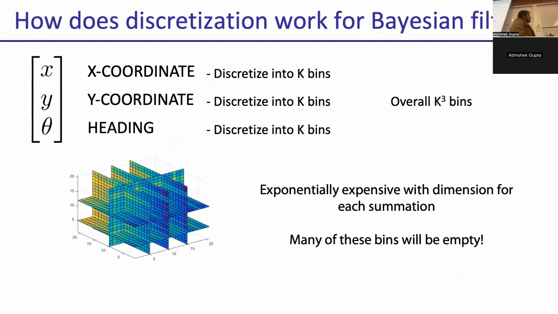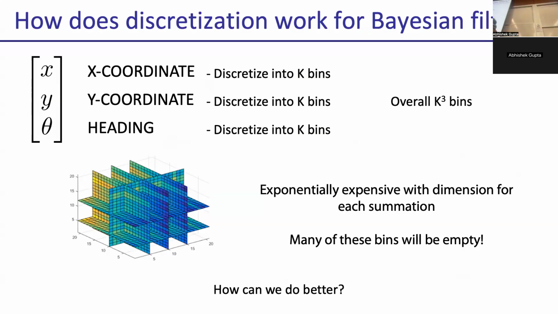And so if I think about discretizing a multi-dimensional vector, there's special structure, there's sparsity to the problem. It's not just that every bin is full. And so the trick to particle filtering is to leverage that sparsity. It's to leverage the fact that many of the bins will be empty.